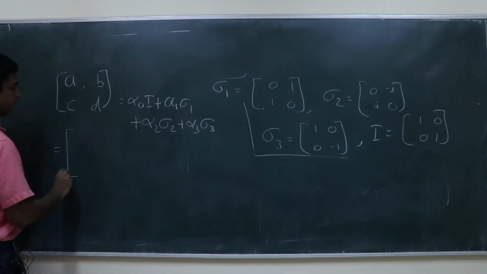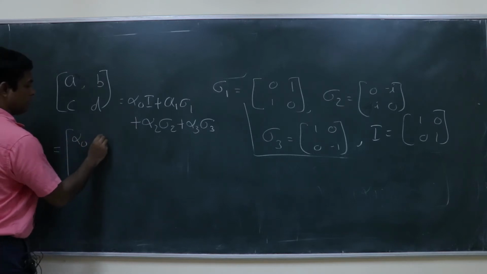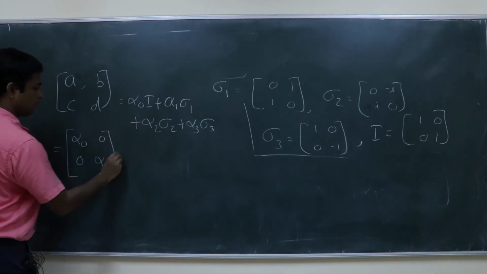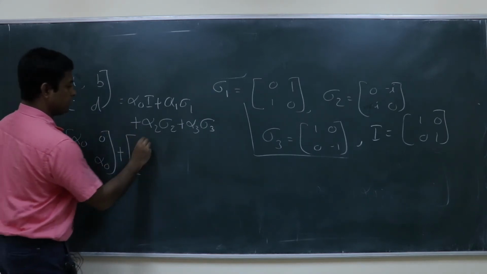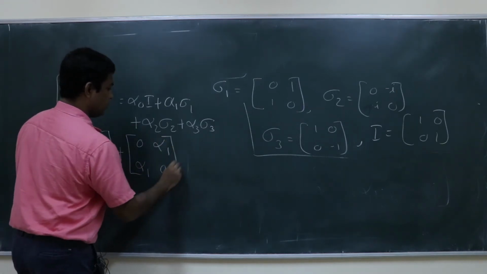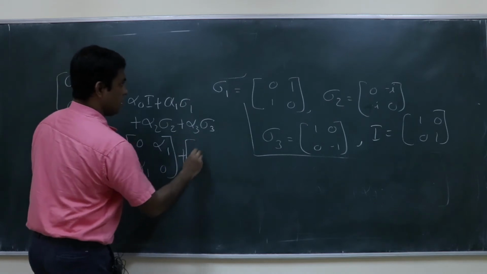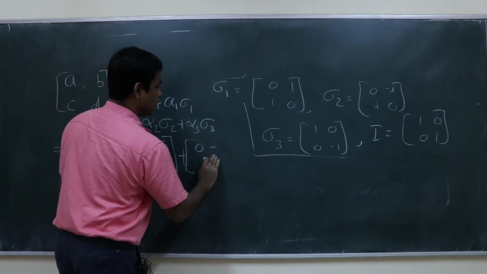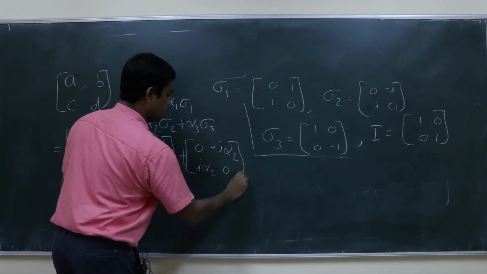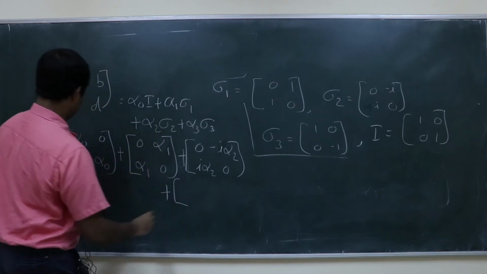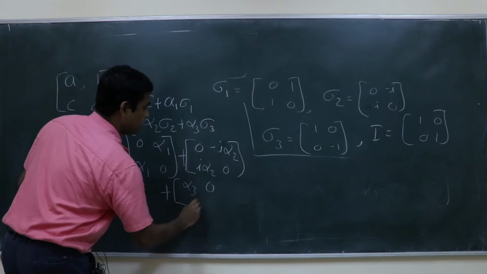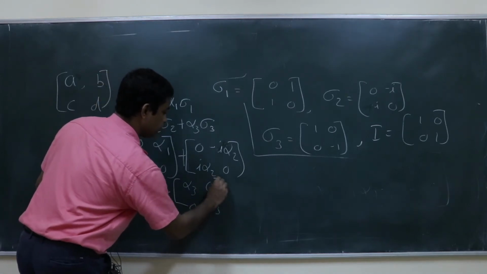The identity matrix gives alpha 0, 0, 0, alpha 0, plus alpha 1 times 0, 1, 1, 0, plus alpha 2 times 0, minus i, i, 0, plus alpha 3 times 1, 0, 0, minus 1, giving alpha 3, 0, 0, minus alpha 3.